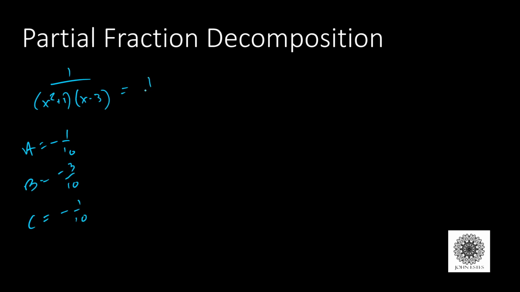So I'm going to go ahead and factor out a 1/10 out of everything. And when I do that, I have (negative x minus 3) over (x squared plus 1) plus 1 over (x minus 3). And there's my final partial fraction decomposition.